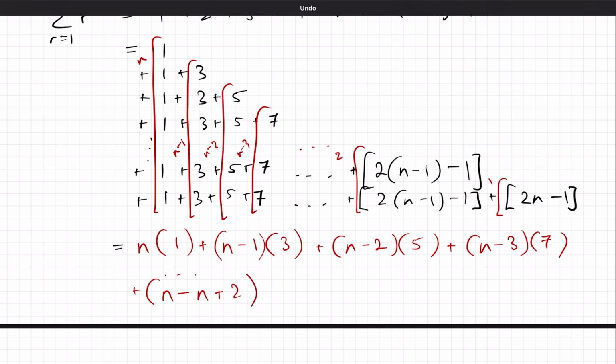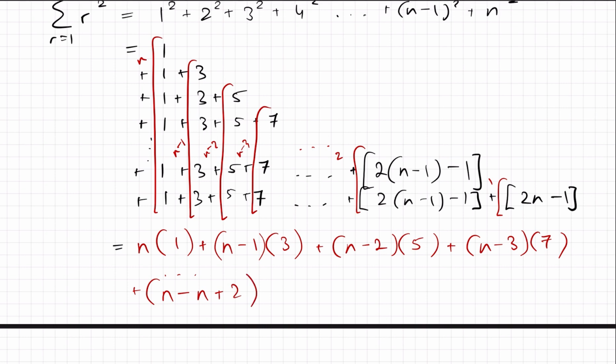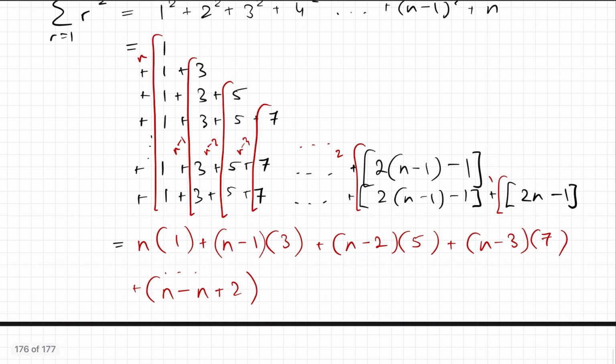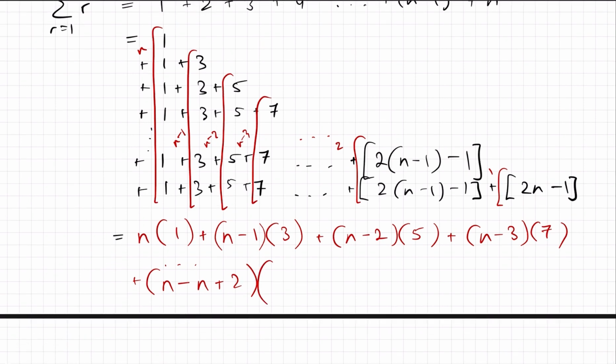Because these cancel out, and you can see how we can start to see a pattern, because let me just write this out. So n minus n plus 2 multiplied by 2n minus 1 minus 1, and then plus n minus n plus 1 multiplied by 2n minus 1.